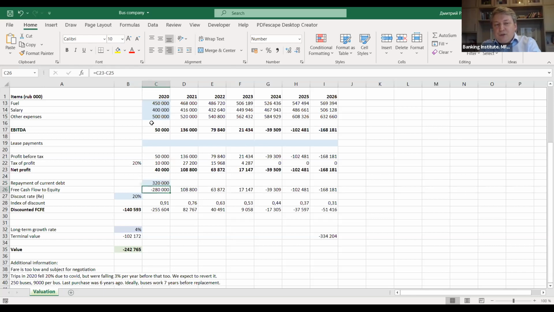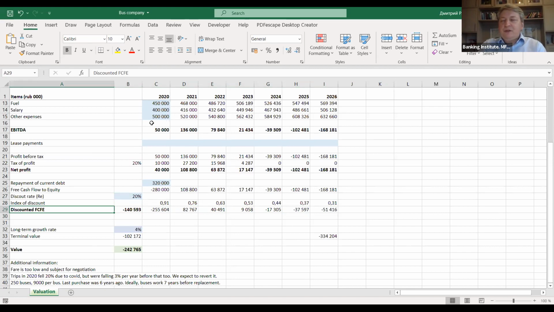So that creates negative cash flow. The discount rate, let's make it 20% for a company like this. This is a mature company with a stable business, no special bold plans, just their plan is to stay the same. So between 15 and 20% because they're not too big. Let's make it 20%, because we want to buy it cheaper. So what we have now is minus 140 million for this 7 years period.